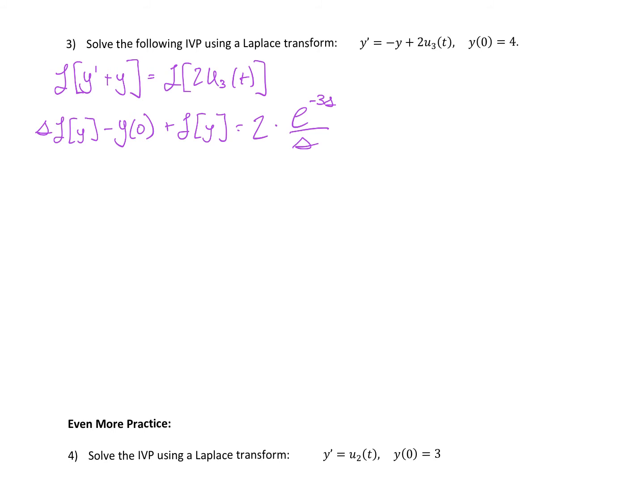Okay, so I can now replace y of 0 with a 4, so I'll go ahead and do that. And then I'm going to move the 4 over and factor out a Laplace of y on the left. So I'm going to have Laplace of y times s minus 4. Oops, I'm moving the 4 over.